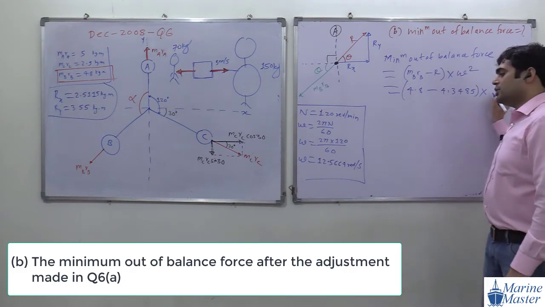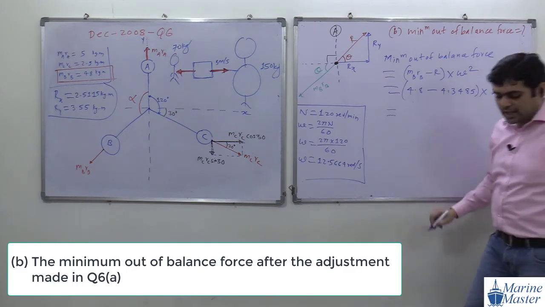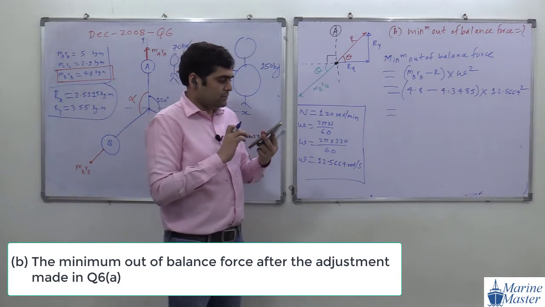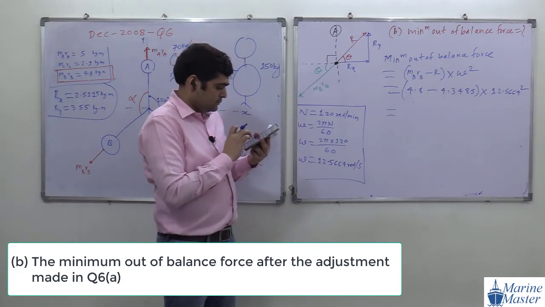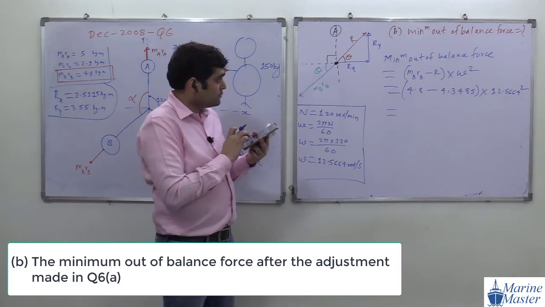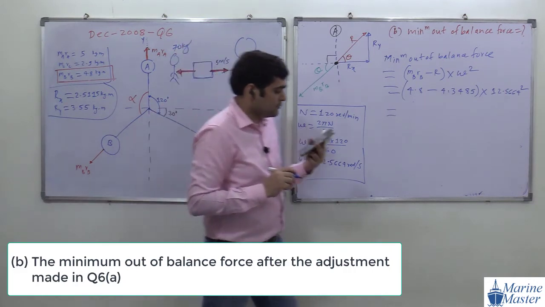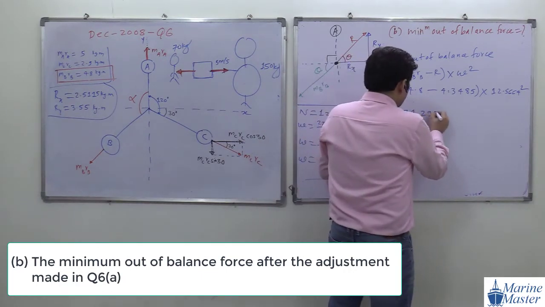So omega is equal to what? 12.5664 square. Please do the calculation, everyone. Okay, correct. 71.2983.